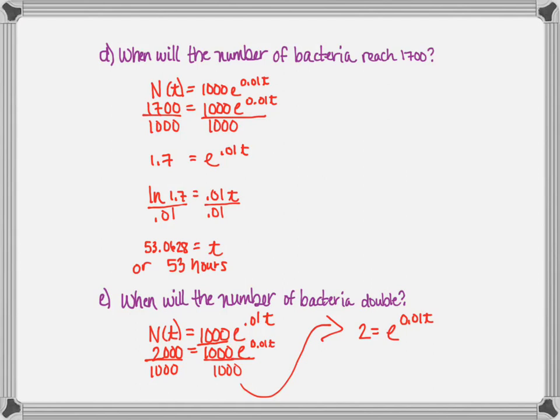We will now rewrite this in log form: log base e, which is the natural log, ln of 2 = 0.01t. Divide both sides by 0.01, and t is approximately equal to 69.31471806, or about 69.3 hours.